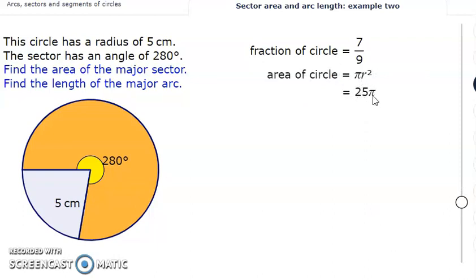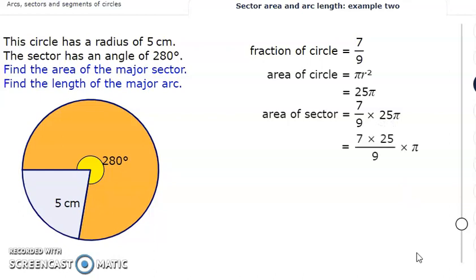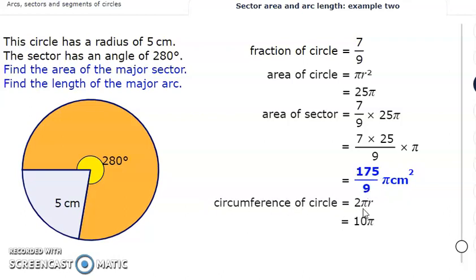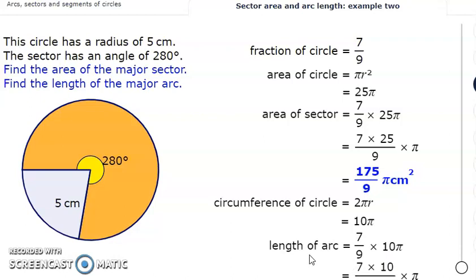So 25 pi, because r is 5, and the area of the sector will be 7 by 9 times 25 pi. 7 times 25 by 9 pi, that finally gives you 175 by 9 pi centimeter square, and circumference of the circle will be 2 pi r, that is equal to 10 pi, and length of the arc will be 7 by 9 times 10 pi, which is 70 by 9 pi centimeter.